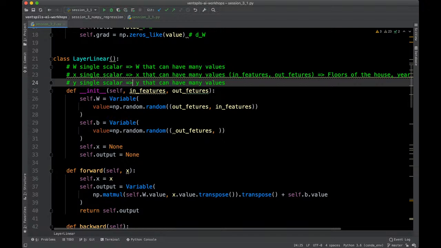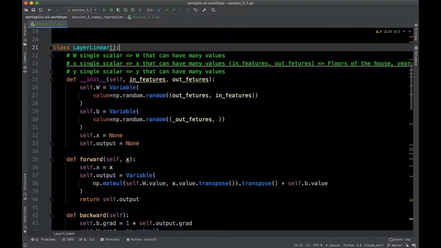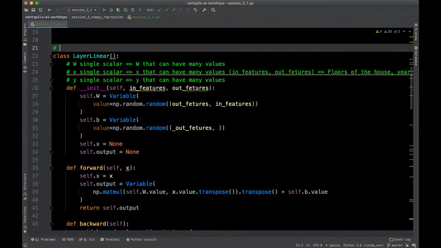Maybe we want to predict not only price, but also, let's say, how good the quality of the house is, so two values at once. So that's possible.